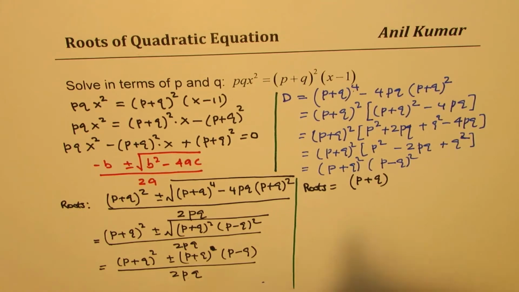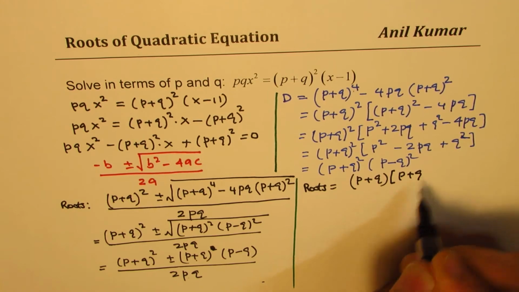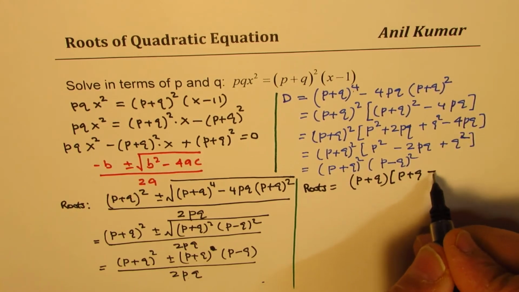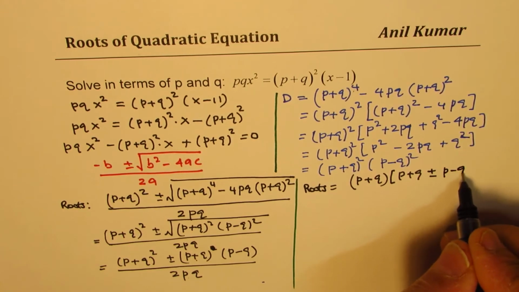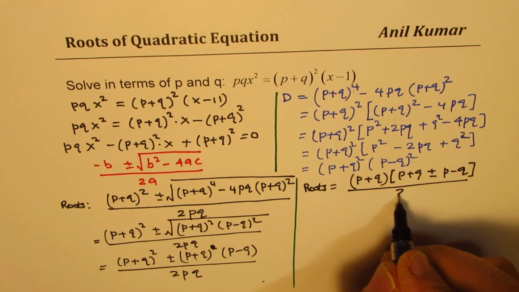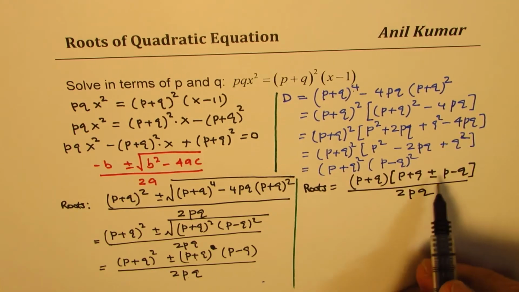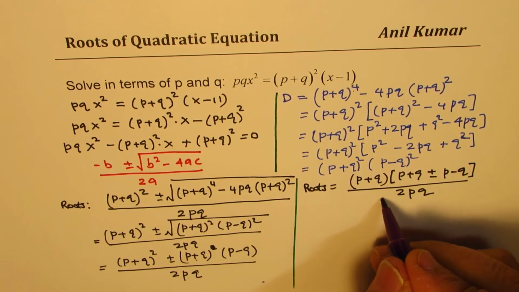From here we are left with P+Q, and then we get plus or minus, and here we have P−Q, divided by 2PQ. So we have two options, which is expected.